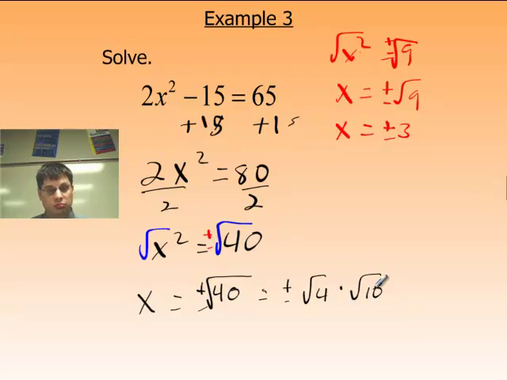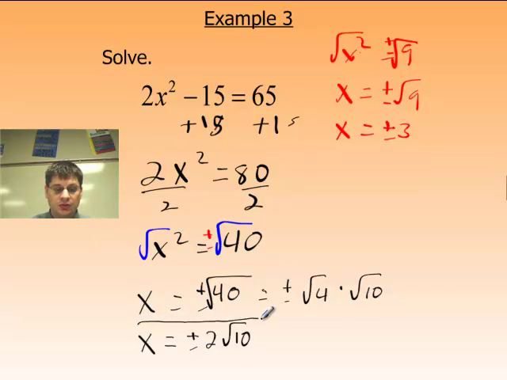And the square root of 4 is 2. So x equals plus or minus 2 square root of 10. So we have two solutions here, positive 2 square root 10 and negative 2 square root 10. And I would box that in as my solution.